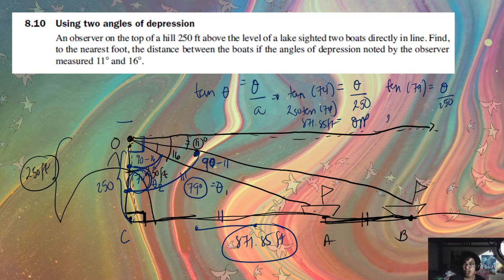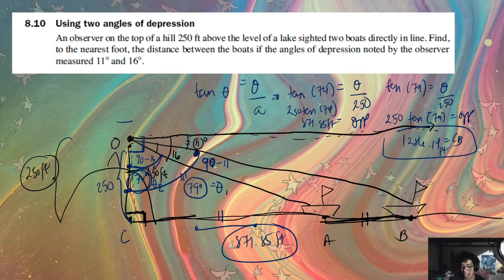So the opposite side is 250 times tangent of 79, and that should give us approximately 1,286.14 feet. So that's the distance of CB, this very long line.